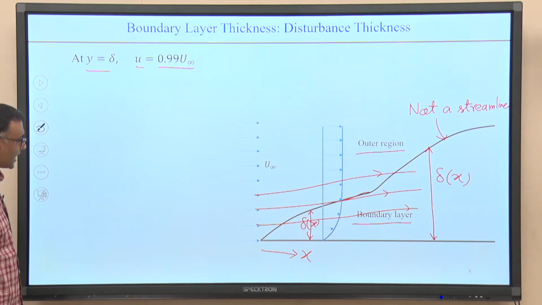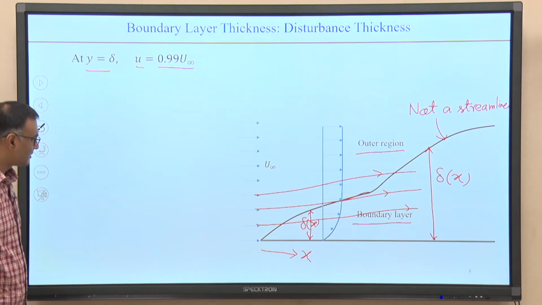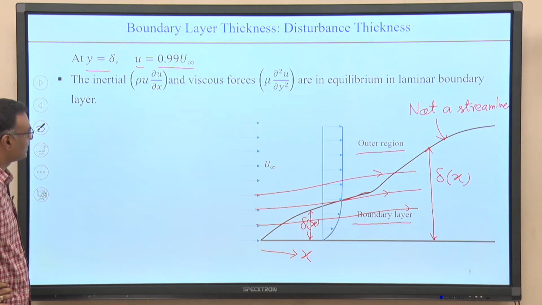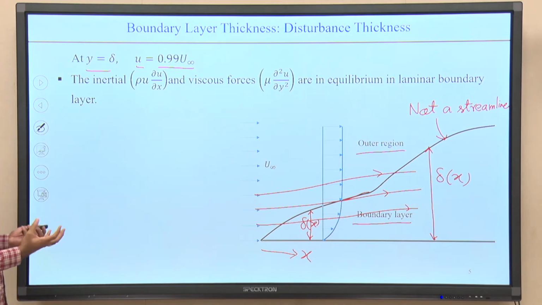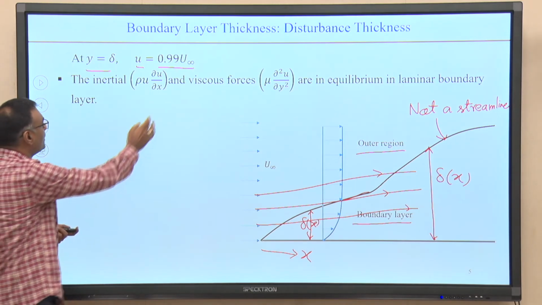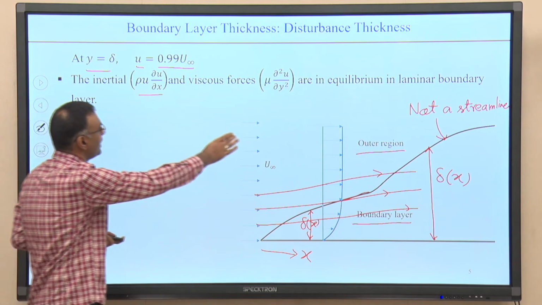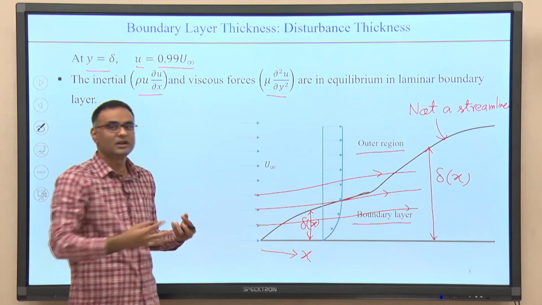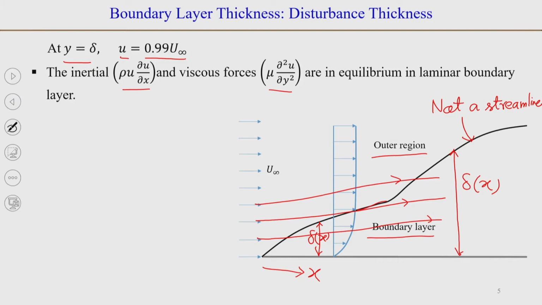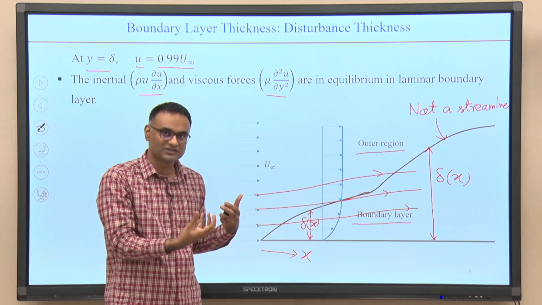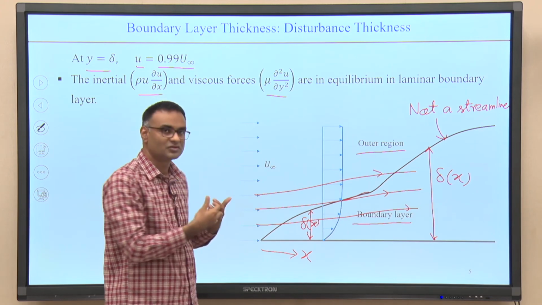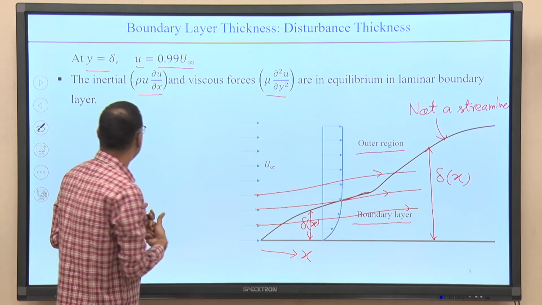Now, we can also find out, using a simple analysis at least for laminar flows, by considering the importance of inertial and viscous forces, because in the boundary layer the viscous forces are important, and because the flow Reynolds number is high, the inertial forces are also important.